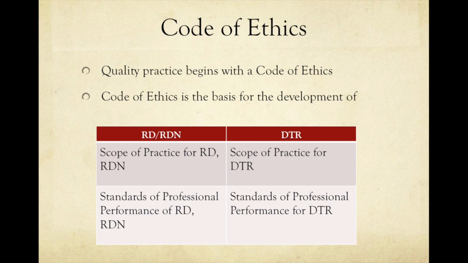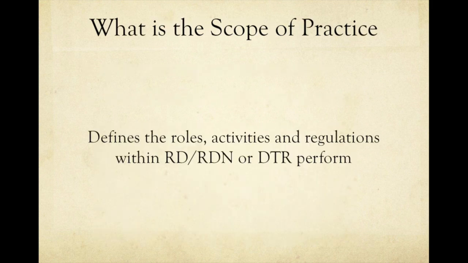So we have something called scope of practice, and we have both a scope of practice for the RDs and a scope of practice for the DTRs. There's also something called the standard of professional performance for both RDs and DTRs. And the standard is essentially exactly what it sounds like. How do we define what professional behavior is for our profession? Whereas scope of practice is more about what we can and cannot do as a nutrition professional.